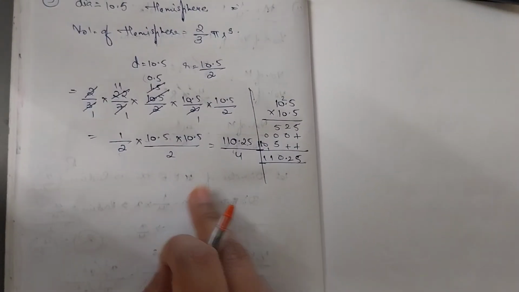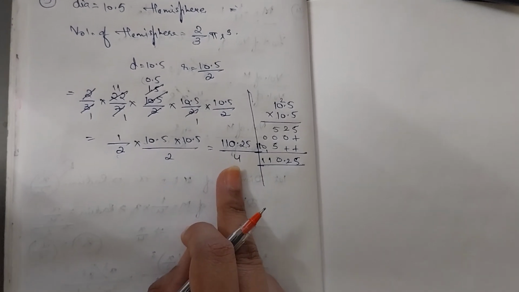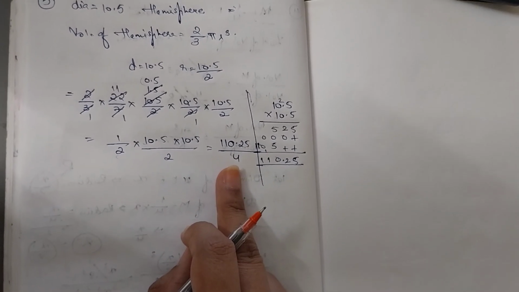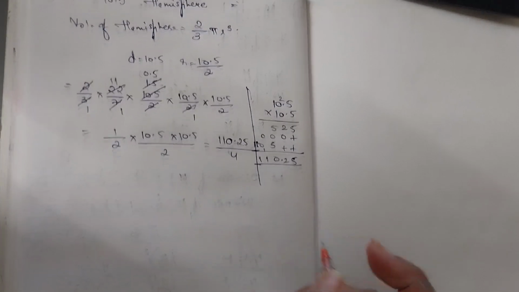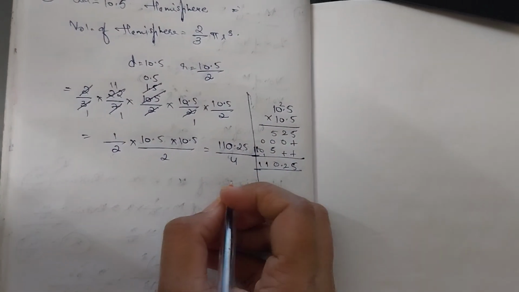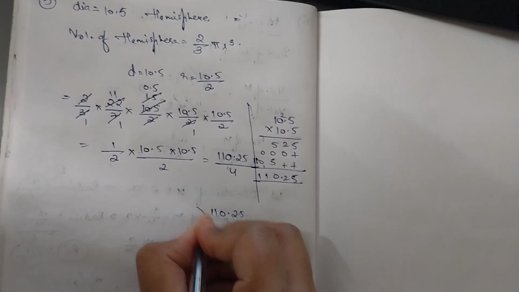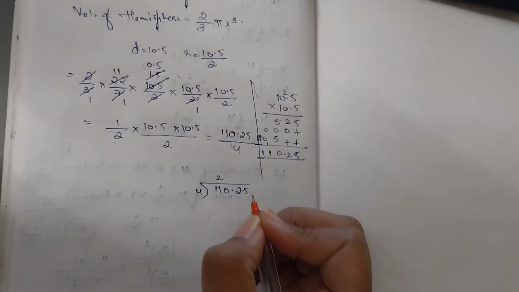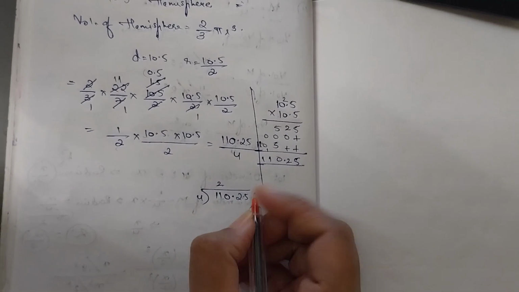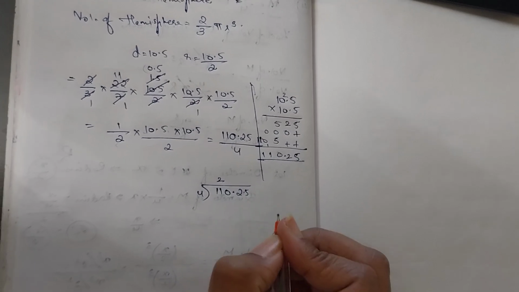Now again, I need to divide by 4 to get my answer. So 110.25 divided by 4. 4 2s are how much?